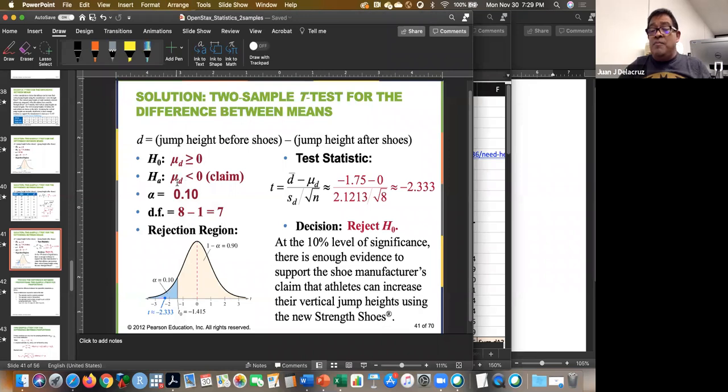If the company is claiming that the shoes are very good and help people jump higher, we can support that claim. At the 10% level of significance, there is enough evidence to support the shoe manufacturer's claim that athletes can increase their vertical jump heights using the new strength shoes.